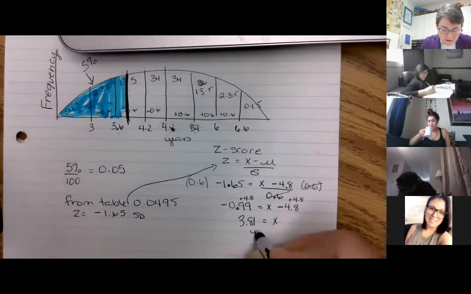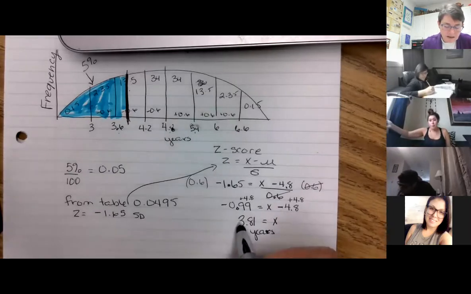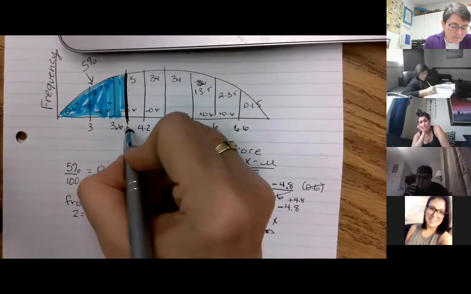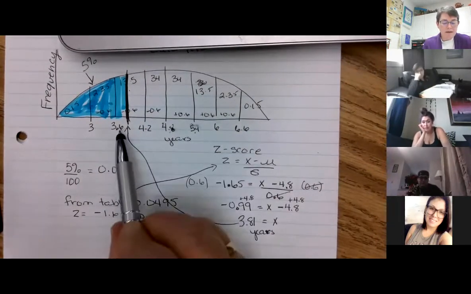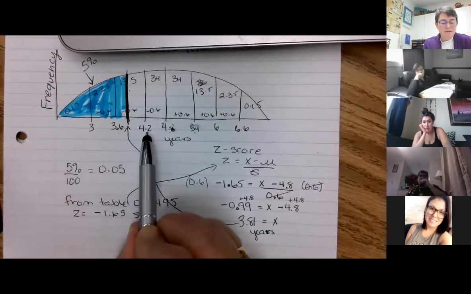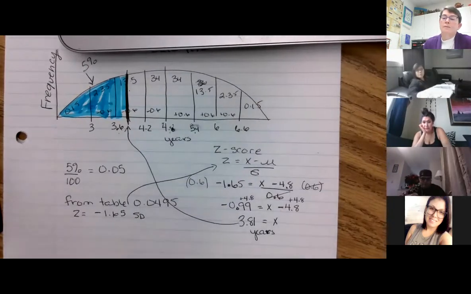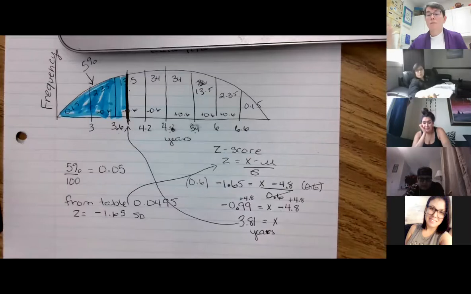This would be years if you want units. And that fits in there. So 3.8 is certainly between 3.6 and 4.2, which is what we were thinking before. Ta-da! All right, one last question. And then we're done.